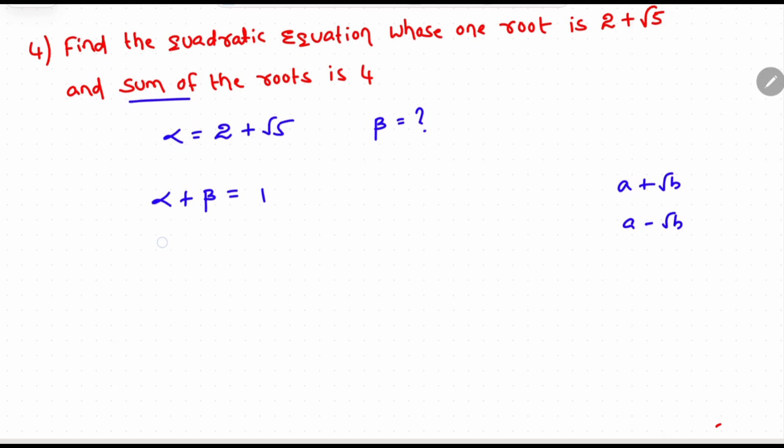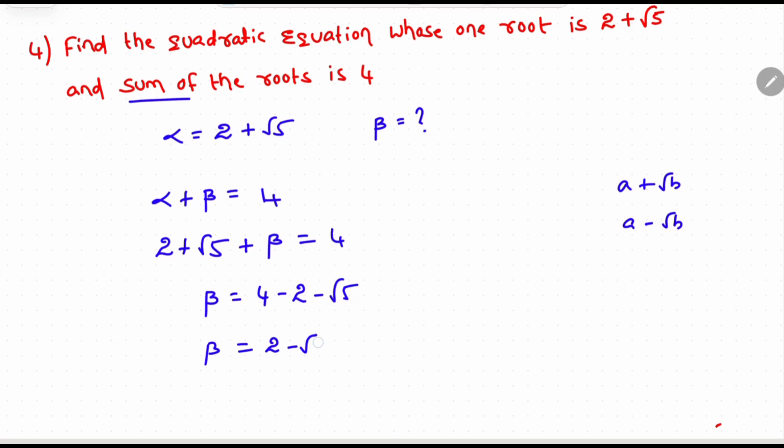What is alpha? 2 plus root 5 plus beta equals 4. Therefore beta equals 4 minus 2 minus root 5, that is 2 minus root 5.